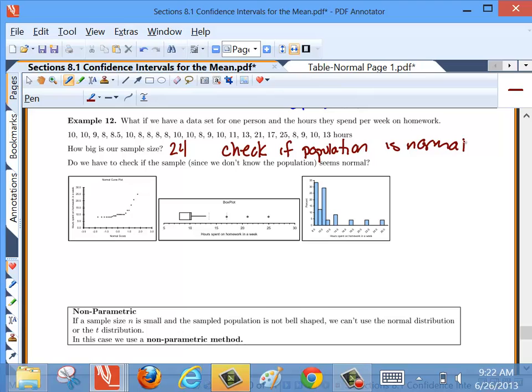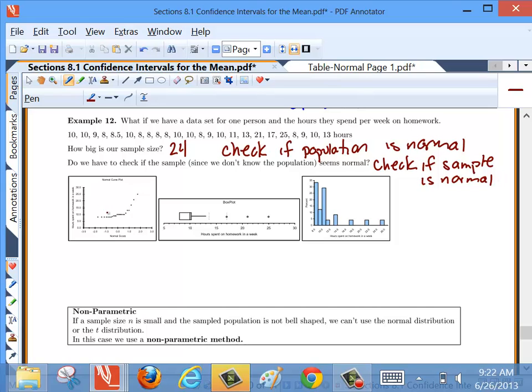Now, I've said this a few times as we've gone through, we need to check to see if our population is normal. You don't have all the data in the population, so how do we check? We check and see if our sample is normal. That's a good indication. So what do you think when you look at these graphical representations of my data?